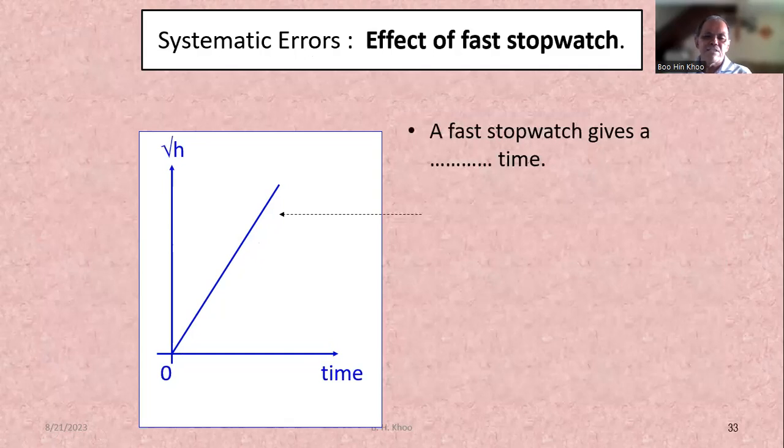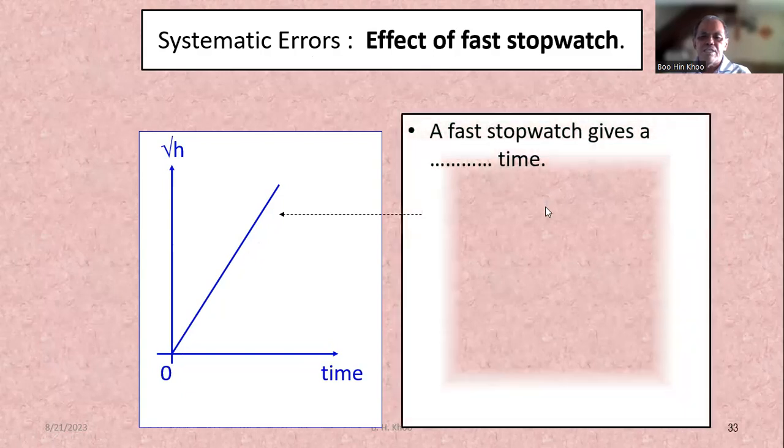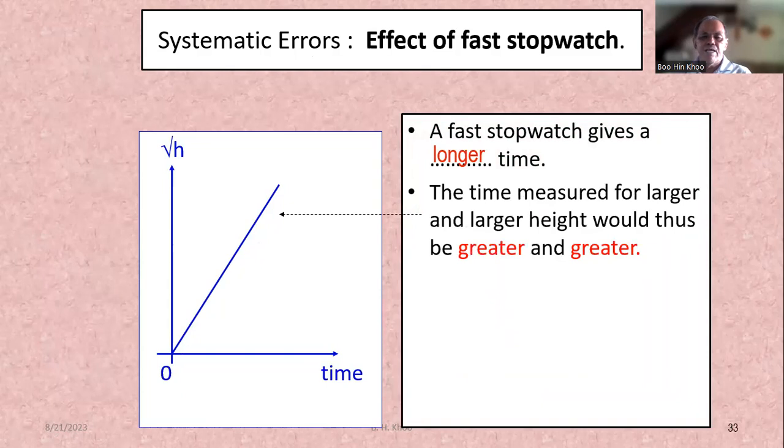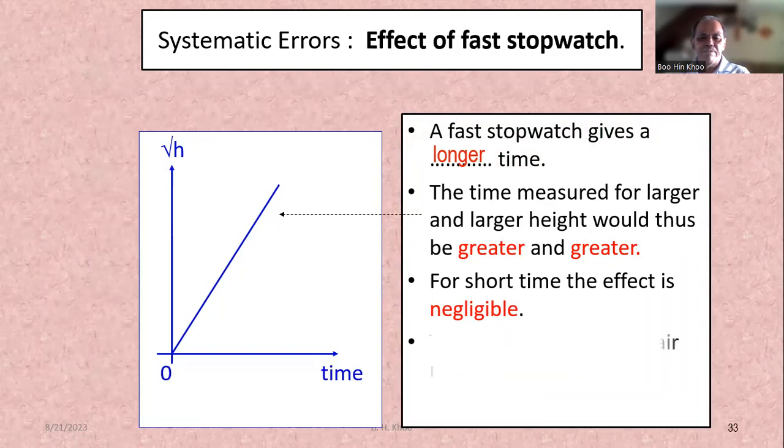Effect of a fast stopwatch. A fast stopwatch gives a longer time. Instead of the correct reading, it gives a longer time, a higher value. The time measured for larger and larger height would thus be greater and greater. For a short time, the effect is negligible.